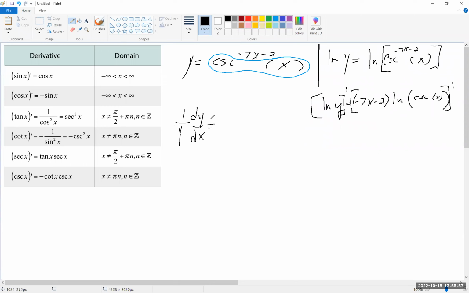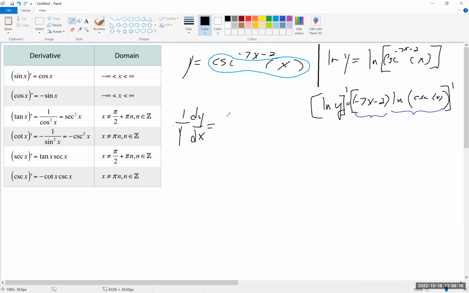And then on the right side, we have the product of two functions.